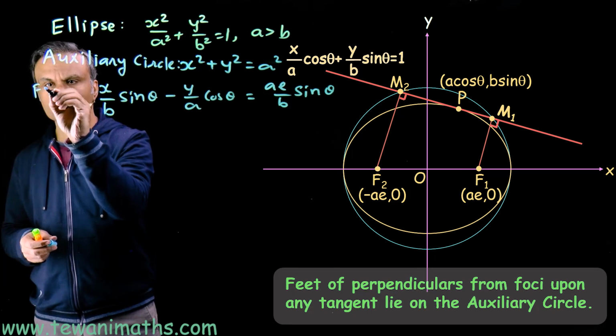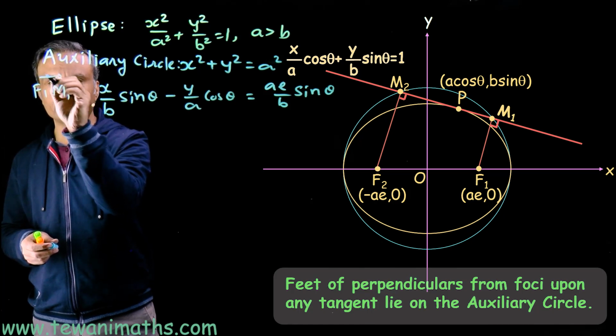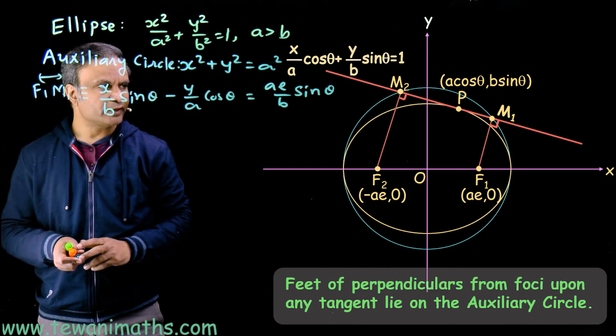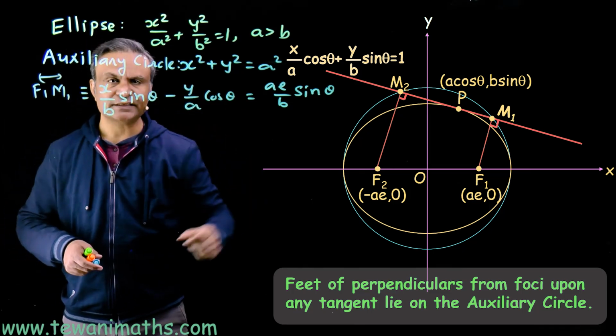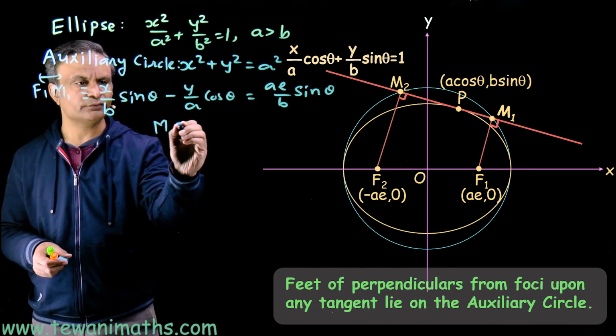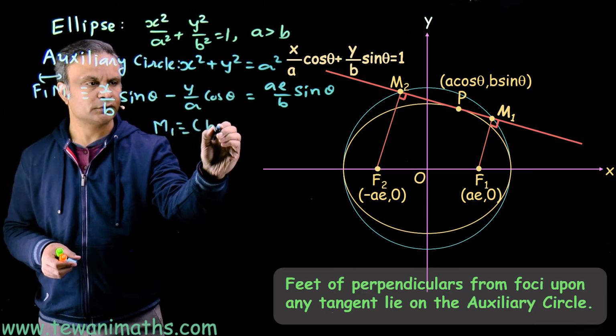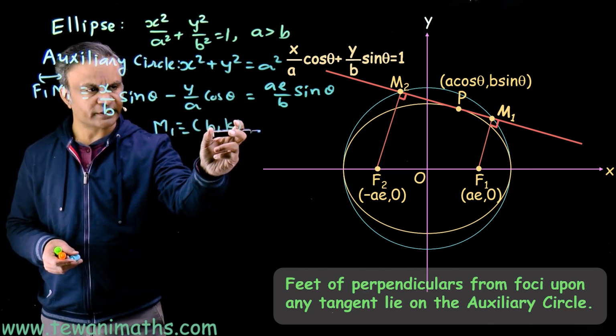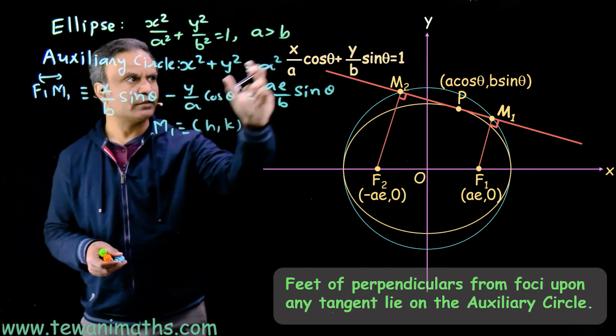Let's consider this line f1 m1. M1 is point of intersection of this line and tangent line. Suppose coordinates of point M1 are h comma k. Now these coordinates satisfy this equation and equation of tangent.